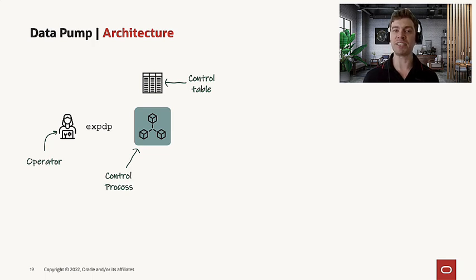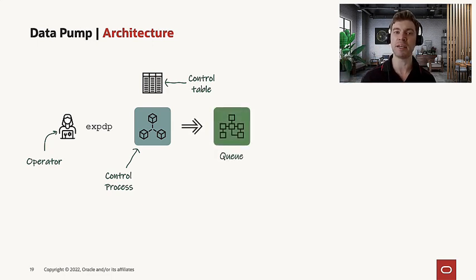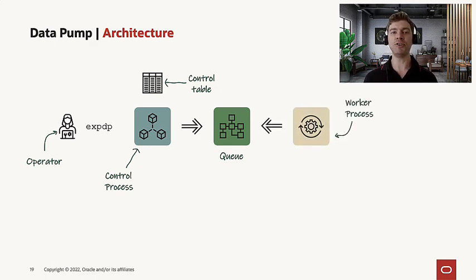After this table is created, the control process uses Oracle Advanced Queuing to put all the tasks that we need to execute for this data pump job in a line. So after this advanced queuing is created, we have the worker process. For an execution where we have no parallelism, we will have at least one control process and one worker process.